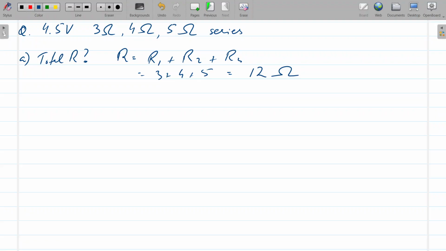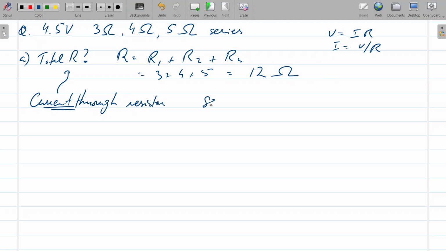Then they're asking you, what is the current flowing through the resistors? We're calculating the total resistance to find the current. Why? Because V equals IR, and so I equals V over R. We know what the voltage is, we needed the resistance, so we first calculated the total resistance, which is 12 ohms.